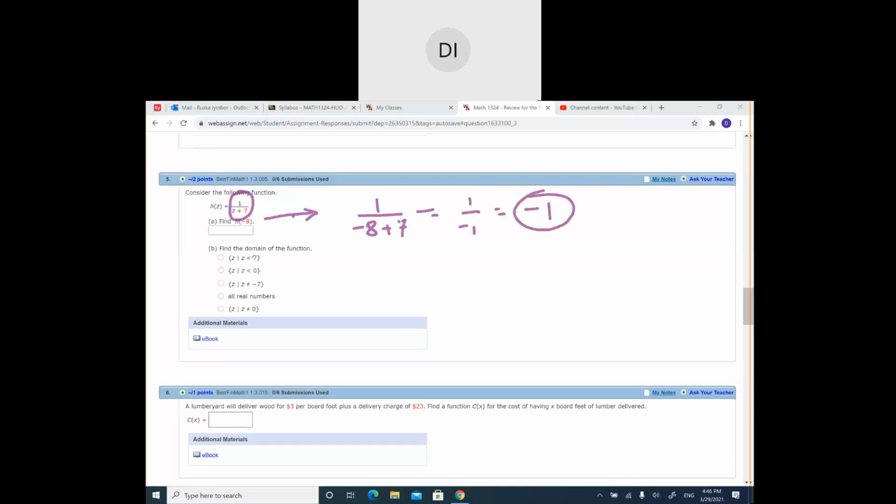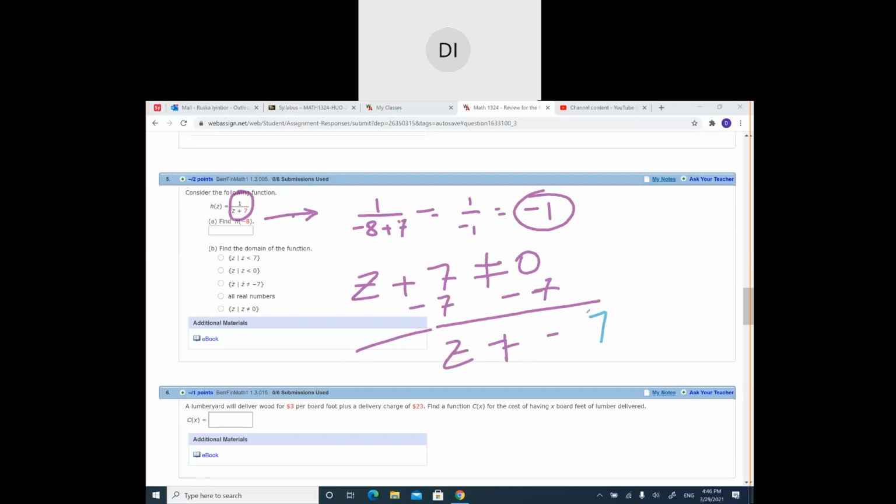And then what is the domain? For a fraction, we have restrictions. The denominator is not 0, so you have to solve z plus 7 not equal to 0. You're going to get z by itself when you subtract 7 on both sides. And that will give me z not equal to -7. So that's going to be this answer here.